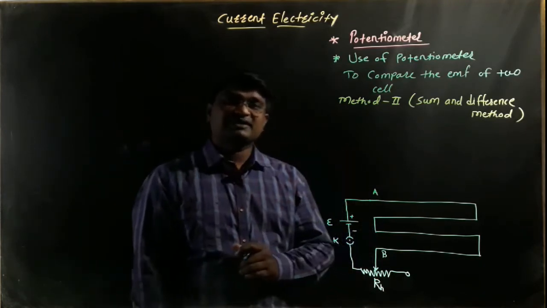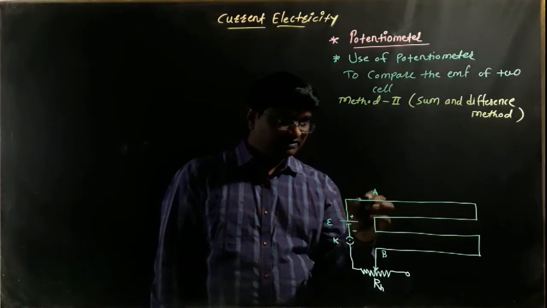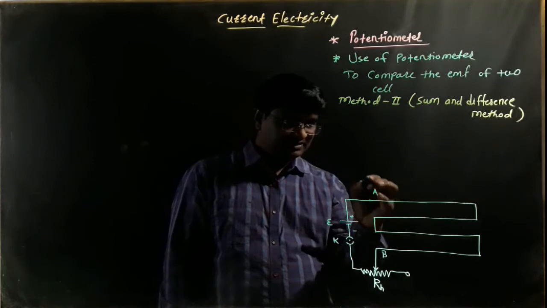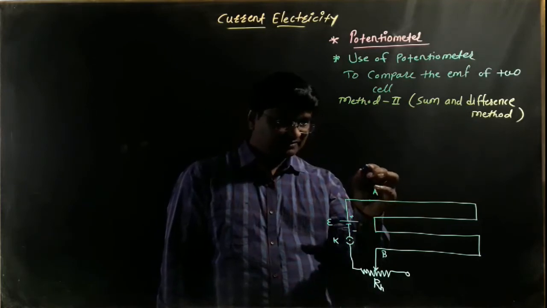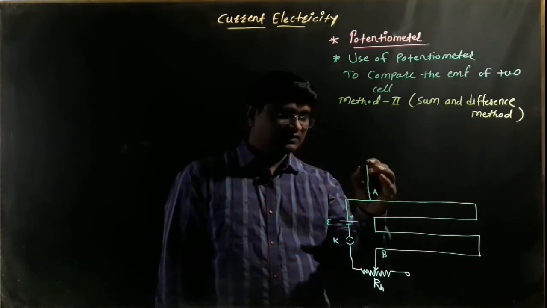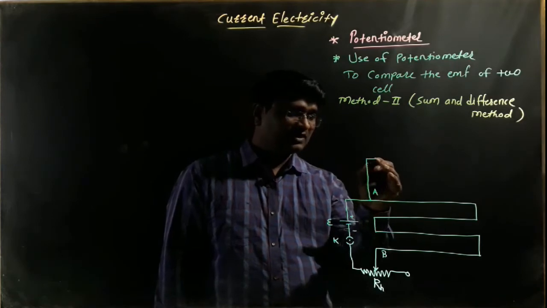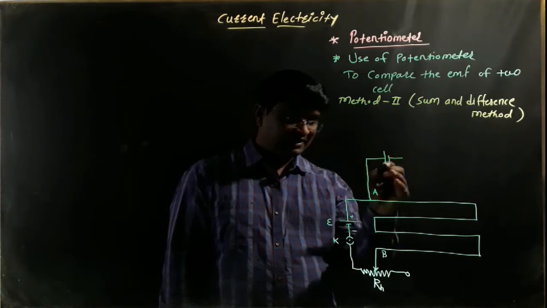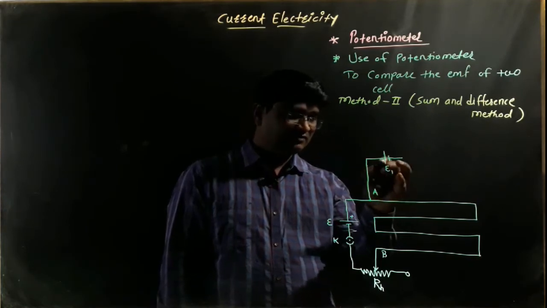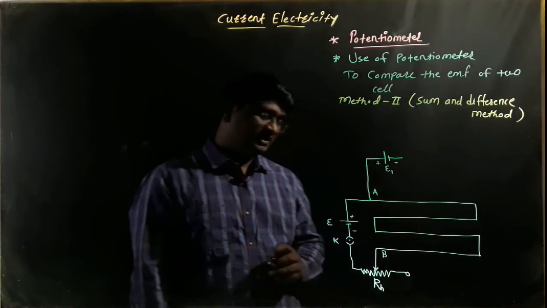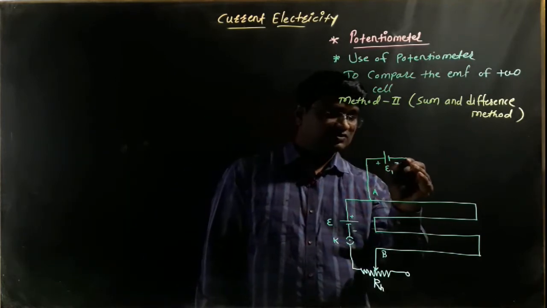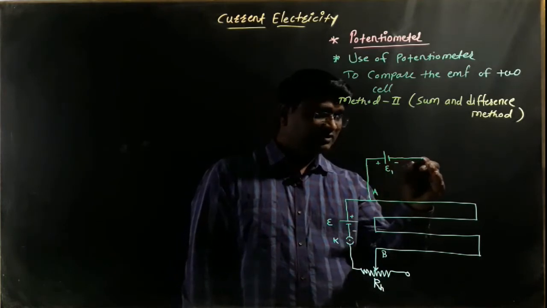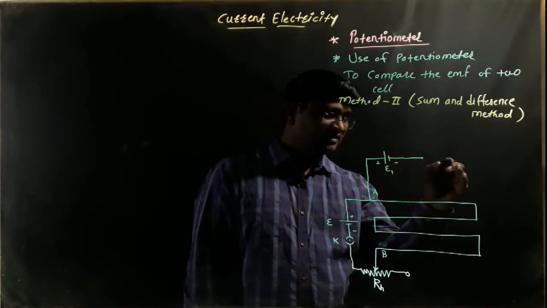But another circuit is connected between the terminal A and the galvanometer. We connect one wire through the terminal A to the positive terminal of a cell denoted by epsilon 1, with its positive and negative terminals. This cell epsilon 1 is connected to the 4 terminal key. It is very important.